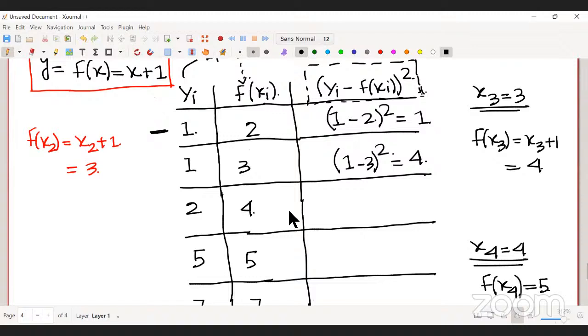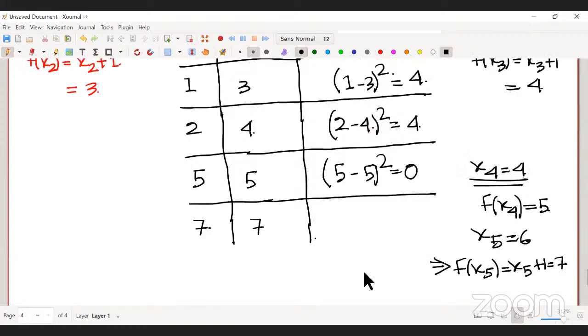The third one is 2 minus 4 whole square, which is again 4. For the fourth one, yi and f of xi are the same, so the difference square is 0. Similarly for the fifth one, the difference is 0.